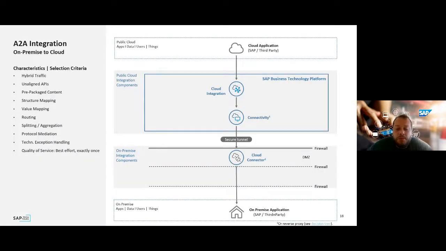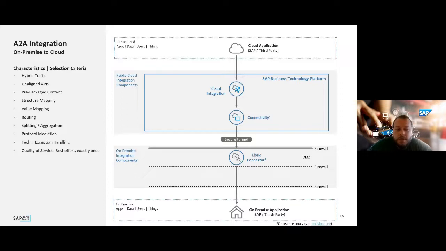This is one idea of a blueprint, of course. It's just an example, right? But it's where the cloud integration could be used. So in terms of characteristics, we are talking about hybrid traffic, an integration pattern that cannot be aligned with API. You can have some prepackaged content applied for this type of integration.